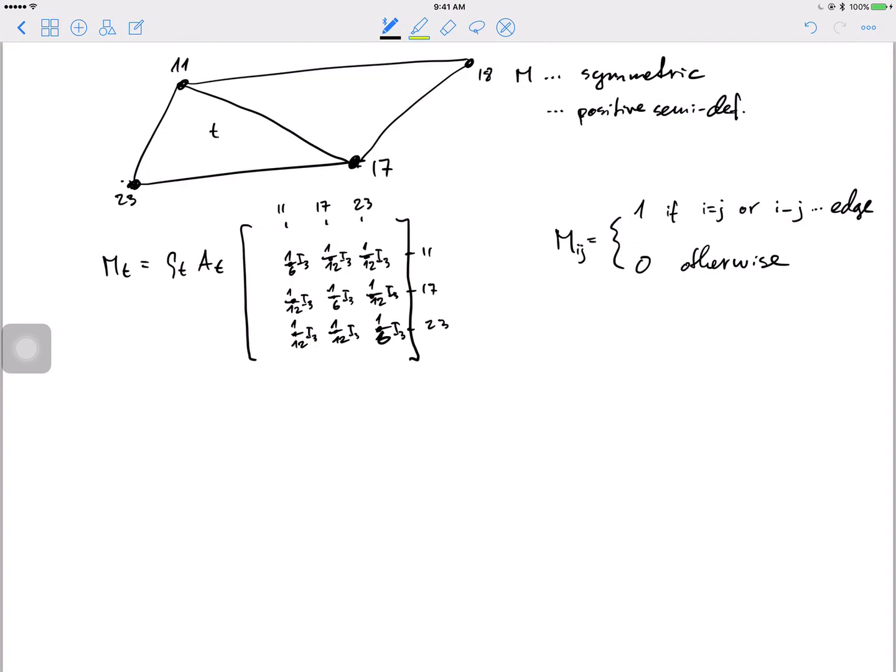So for every row of the matrix, every row corresponds to some node, the number of non-zeros is the number of edges emanating from that node, which is typically 6 for triangle meshes, by the way. So the number of non-zeros of this matrix is going to be something like 6n, where n is the number of nodes you have there, okay?